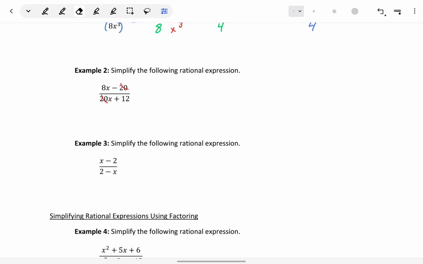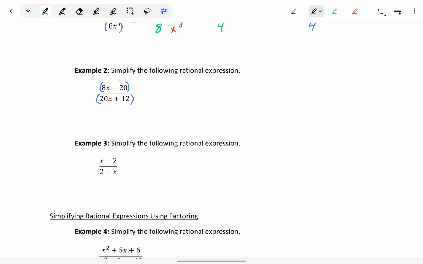But we need to ingrain in our minds that we can't do that, because what we have to do instead is treat this expression in the numerator, 8x minus 20, as one factor, and our expression in the denominator, 20x plus 12, as a single factor, and recognize that we can't cancel through the addition and subtraction. We can only cancel common factors.